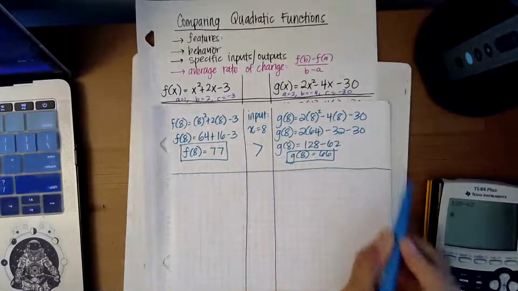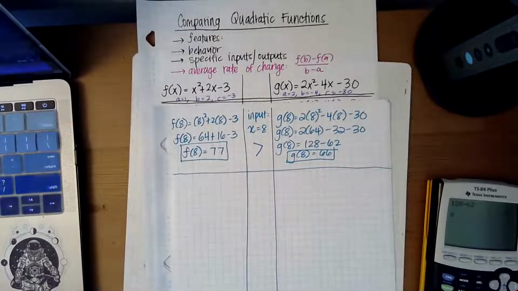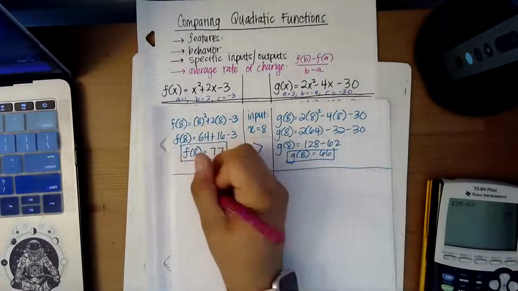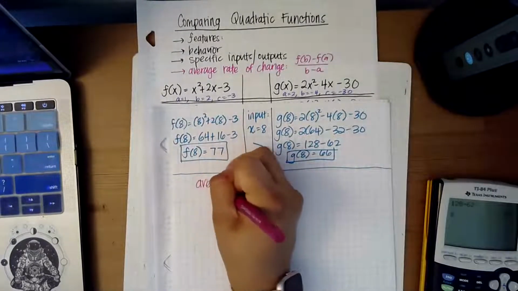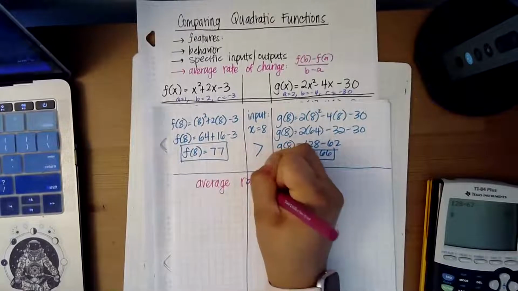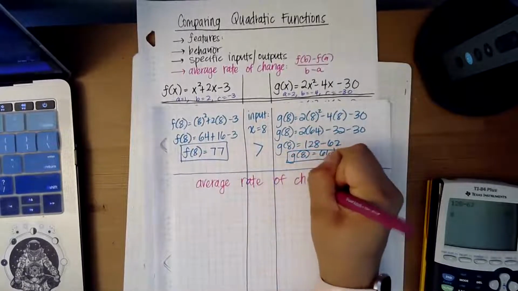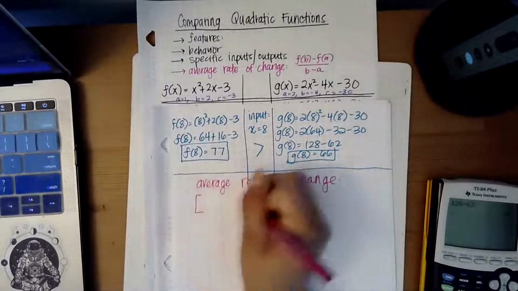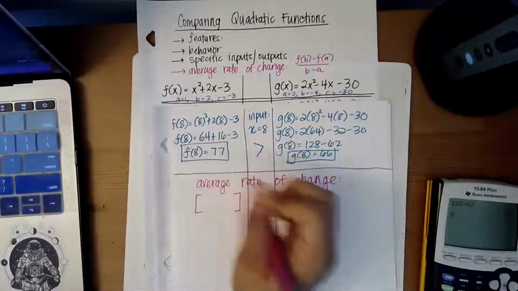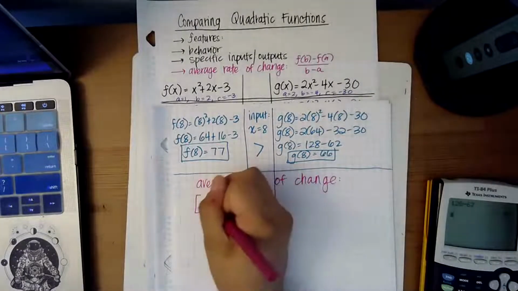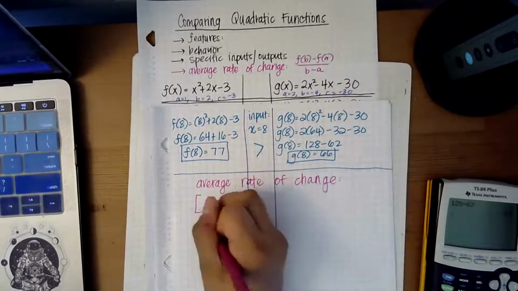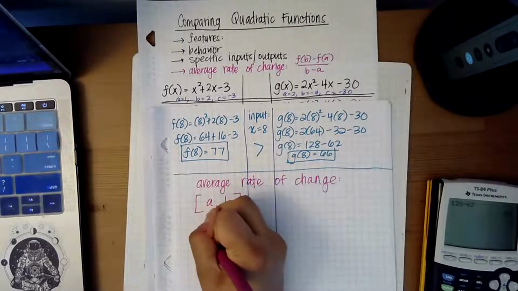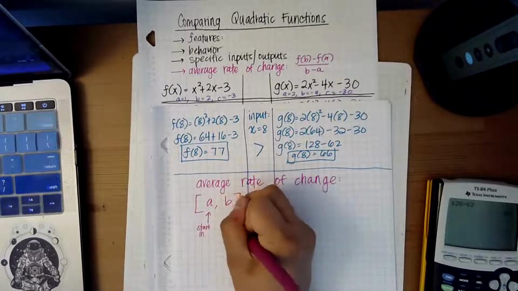Now I'm going to talk about average rate of change. So let's remember, average rate of change looks at an interval. If I have an interval, it's an interval of inputs, so it's a particular portion of the domain. Let's say this is the starting input, and this is my ending input.